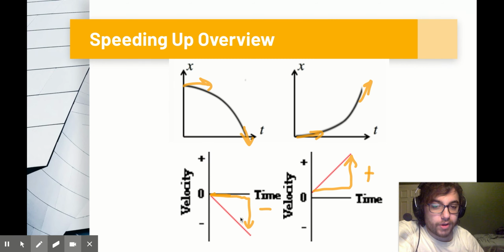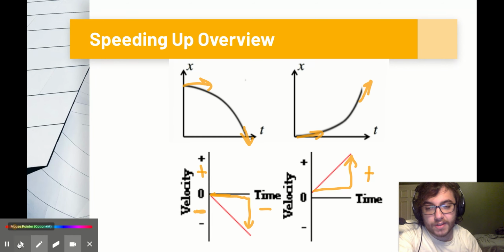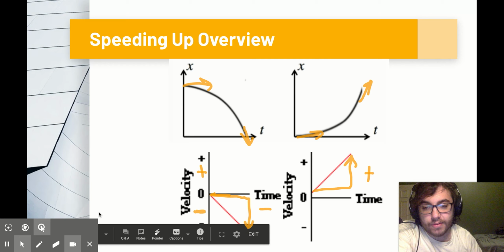The other thing I want to really stress is the importance of understanding, like I did say, anything moving away from the origin means it's increasing in velocity, and all of the things on this side of the y-axis is going in a negative direction. If the velocities were on this side of the axis, they would be going in a positive direction. Even if something is slowing down, just like we saw before.